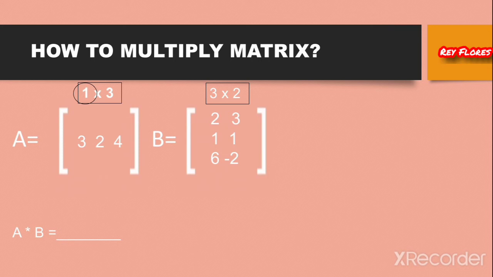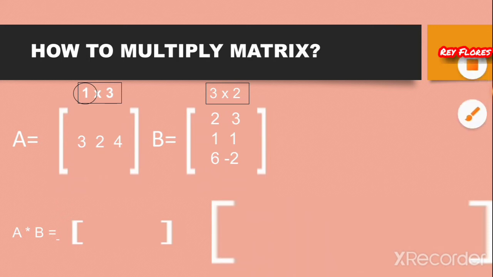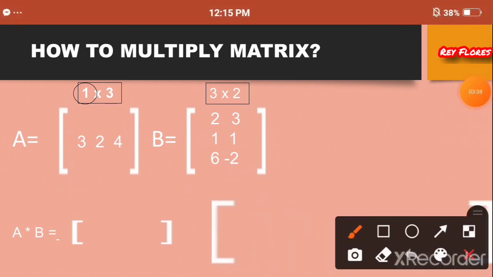Find A multiplied by B. In multiplying matrices guys, unlike in addition and subtraction where the first term must be added to the first term in the second matrix, here in multiplication the rows must be multiplied to the columns in the other matrix.